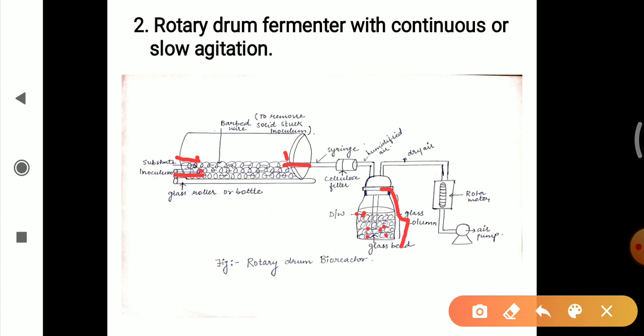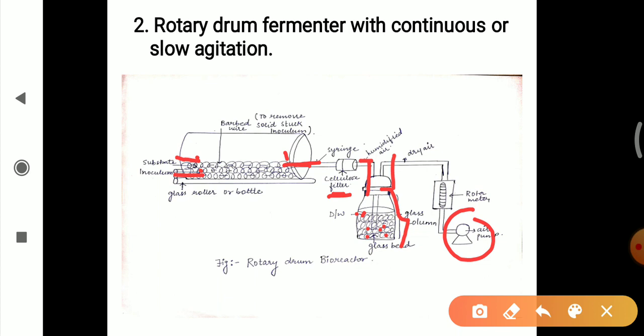The air coming from the pump first passes through this glass column, and then the humidified air passes through the filter. Here there is a cellulose filter through which the humidified air passes and is introduced into the roller bottle through a syringe.